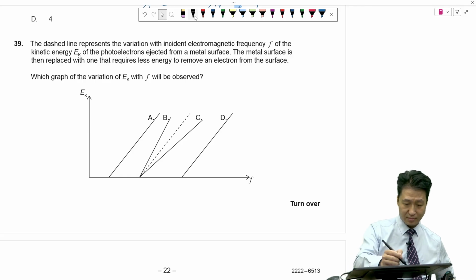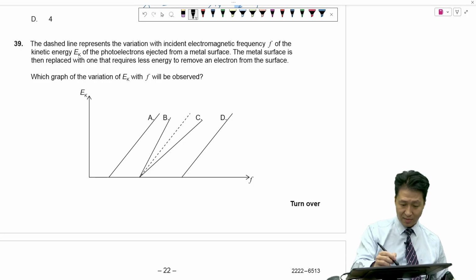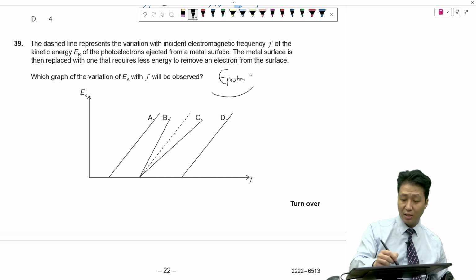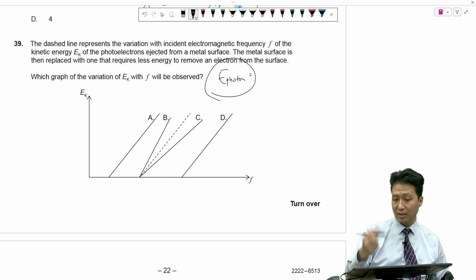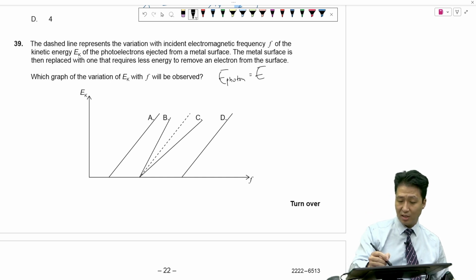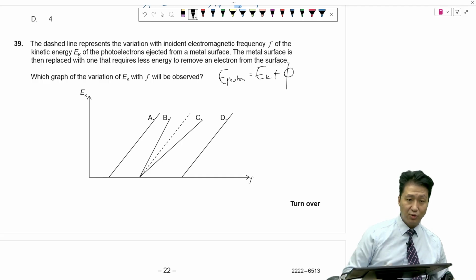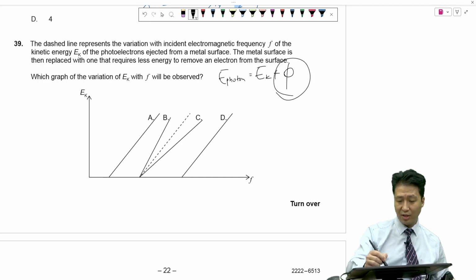So first, if you forgot about this, the energy of the photon is going to be divided and be used in 2 things. First, it will be used as kinetic energy, and it will be used to escape the metal. This energy required to escape the metal is called the work function.